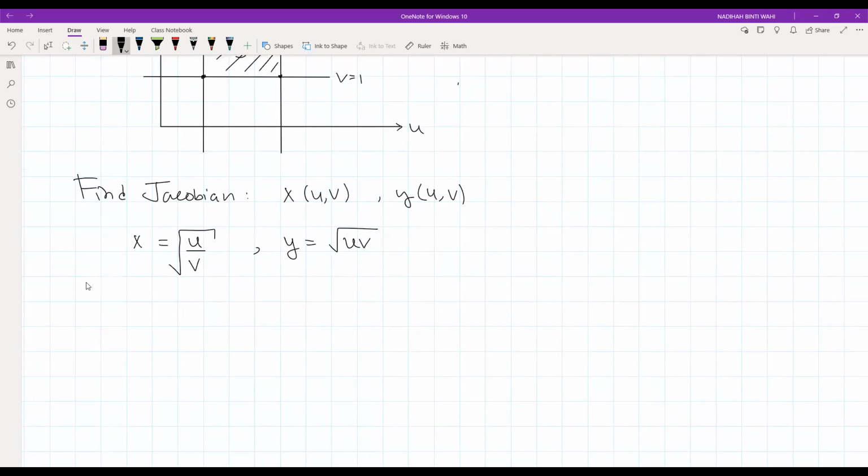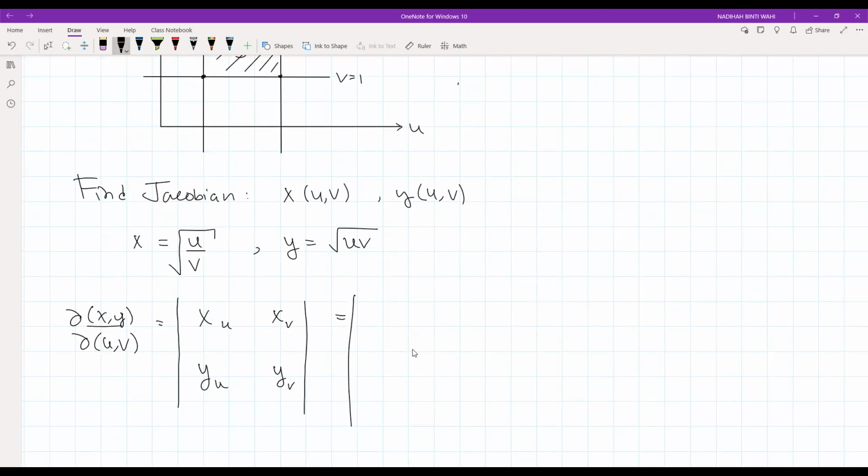Okay, so now what's the Jacobian of that? The partial of x, y over partial of u, v is just x in terms of u, x in terms of v, and y in terms of u, y in terms of v. So that will be minus 1/2 of square root of v over u, because that will be minus 1 squared.